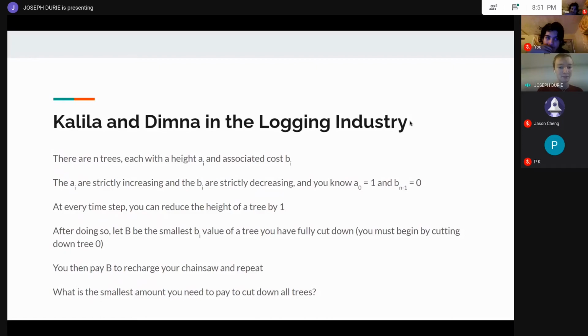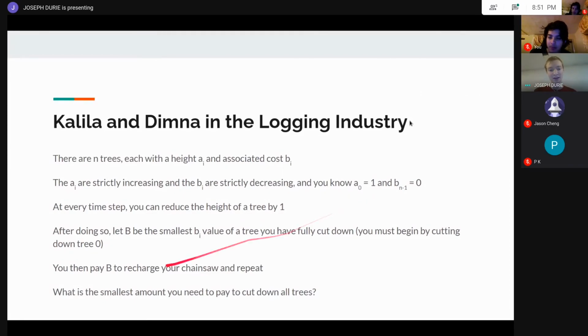So at every step, you can reduce the height of a tree by 1. And after you do this, you let B be the smallest cost value of a tree that you've fully cut down. Note that you always have to have one tree fully cut down, which means you have to begin by cutting down the first tree of height 1.